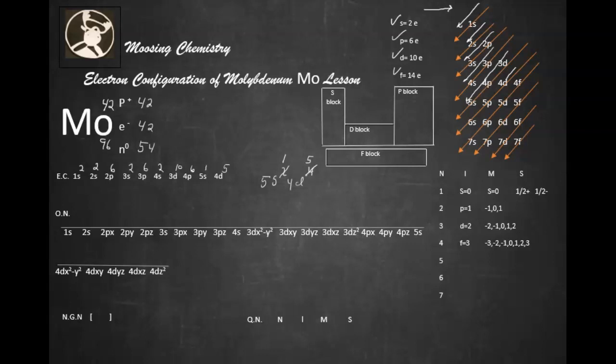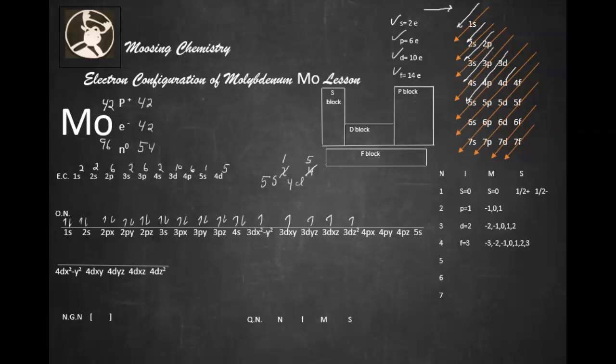So remember Hund's rule says you have to put an up arrow in every sub-orbital before you start the down arrow. So here we go. 1s up, down, right? 2s up, down. 2px, 2py, 2pz: down, down, and down. 3s, up and down, right? 3px, 3py, 3pz: down, down, and down. 4s, up and down. 3dx squared minus y squared, 3dxy, 3dyz, 3dxz, 3dz squared.